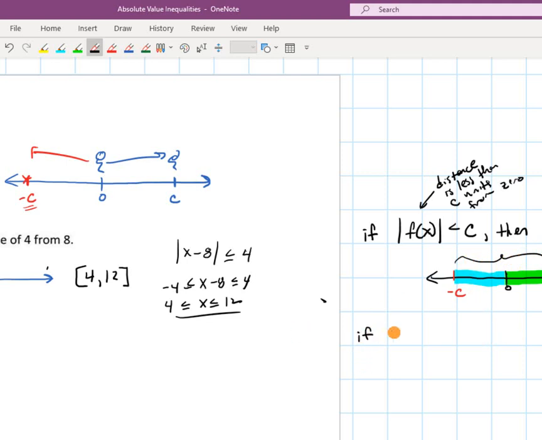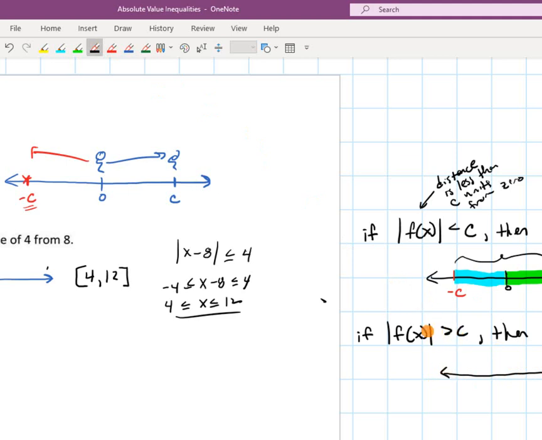Here, it says if the absolute value of f of x is greater than c, then we write two things, right? F of x is greater than c, or f of x is less than negative c. Let's talk about what that picture would look like.